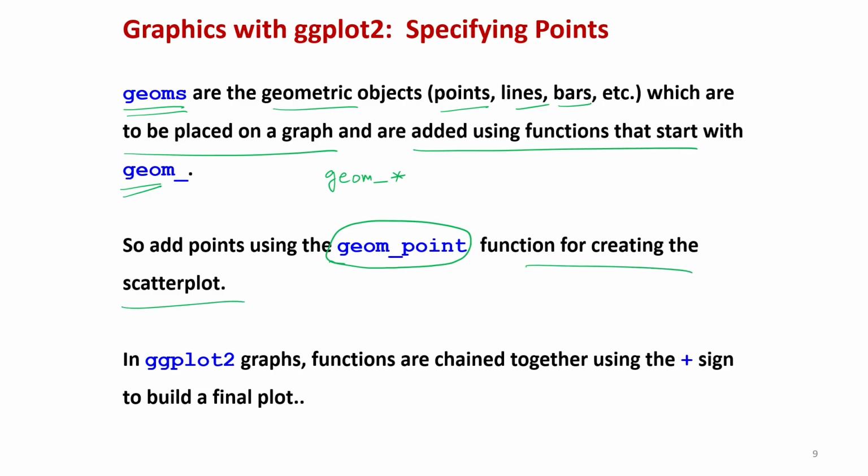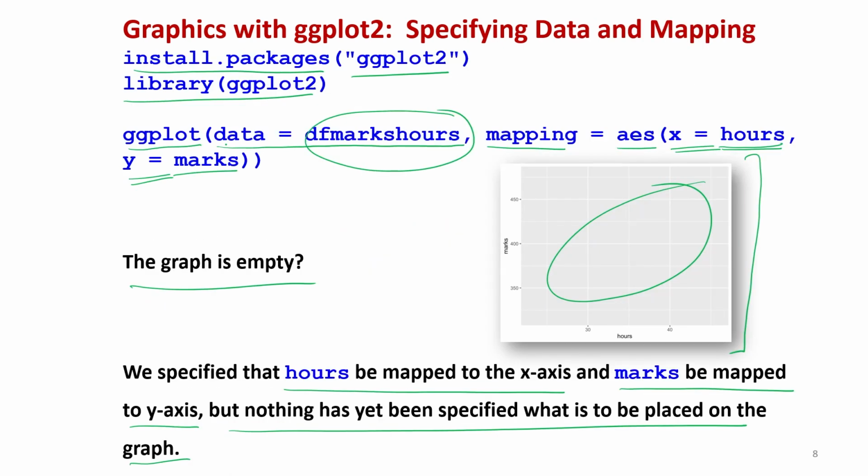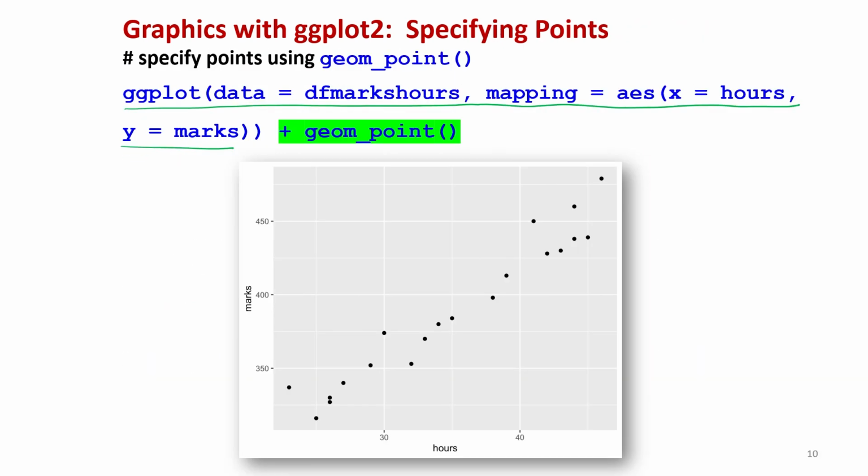In ggplot2 graphs, you will see that functions are chained together using the plus sign to build a final plot. How? I will try to show you. This is ggplot with data equal to df_marks_hours, mapping equal to AES, x equal to hours and y equal to marks, which we had given earlier and which produced a blank graph.